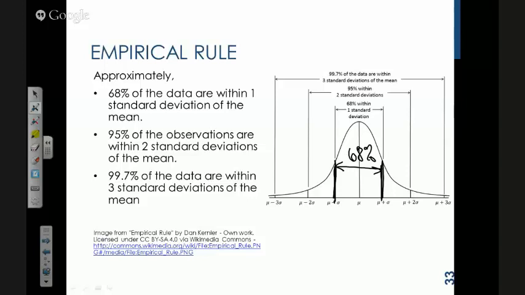If our time to complete the memory quiz really was normally distributed and the average was 40.4, and what was the standard deviation? 8.26. Then we could say that about 68%, if we're trying to generalize to the population, if this is normal, we don't know if it is, but 68% of the population would be able to complete that memory quiz in about 32 to 48 seconds.